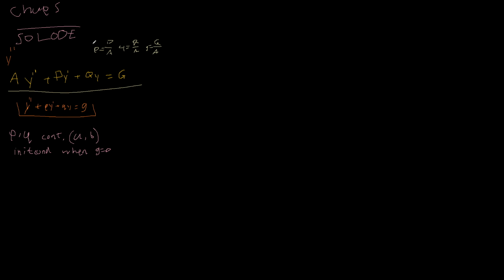So the first thing I want to talk about is this concept of superposition. This time we're going to have a few different ways of solving these problems. One thing is, suppose our equation has two solutions, y1 and y2.